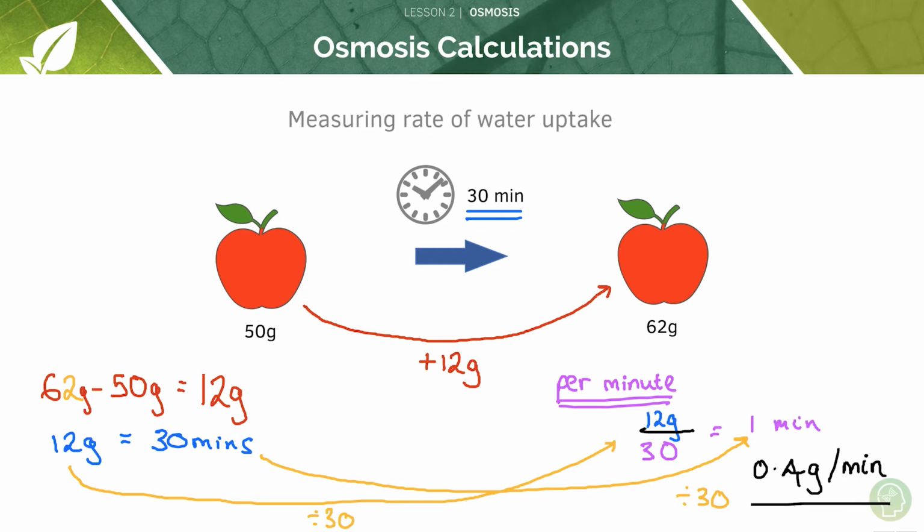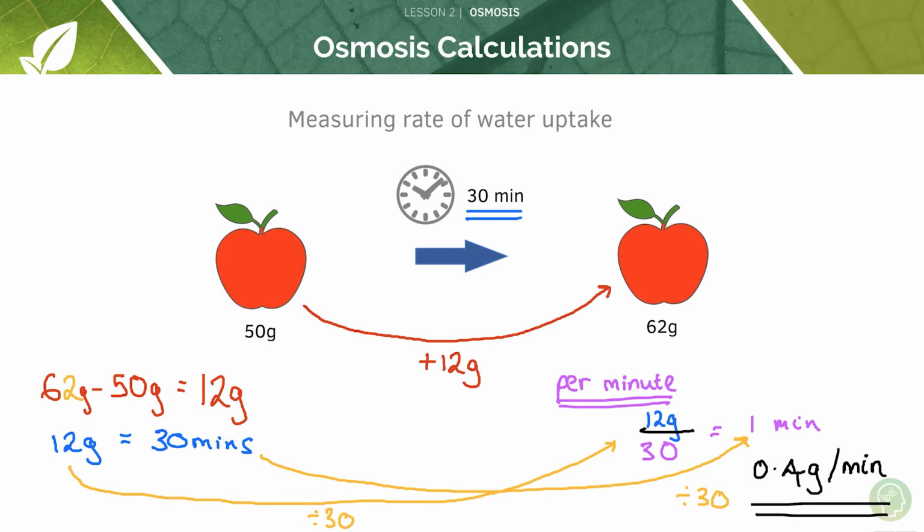Okay, so that would be your rate, and that's how you write it. It would be grams per minute. Now I said earlier when we're calculating a rate, we can either express it in terms of per minute or per hour. It's really, really simple to go from per minute to per hour.